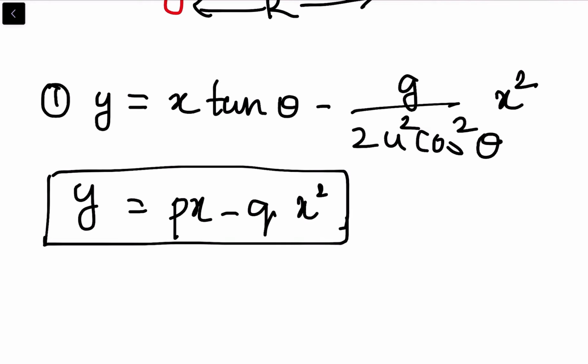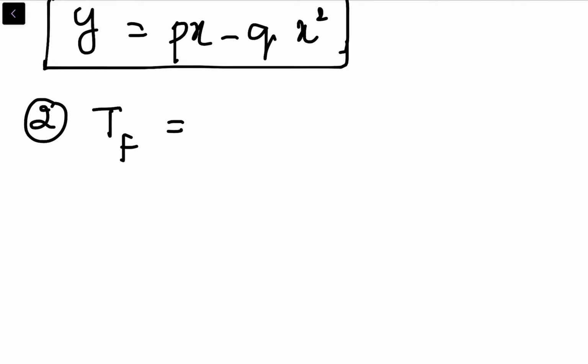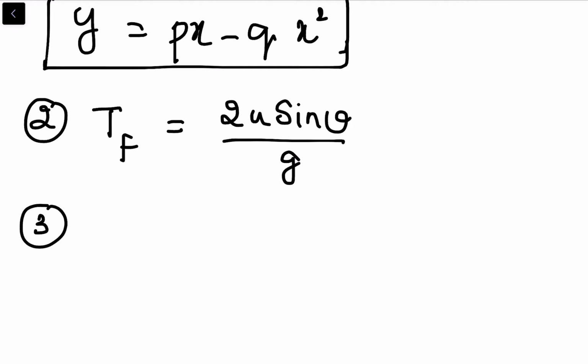But in most numericals we rarely use this formula. So let's see which are the most important ones. The second formula which we use is time of flight. The time taken for the projectile is 2u sine theta by g. The third formula is maximum height.